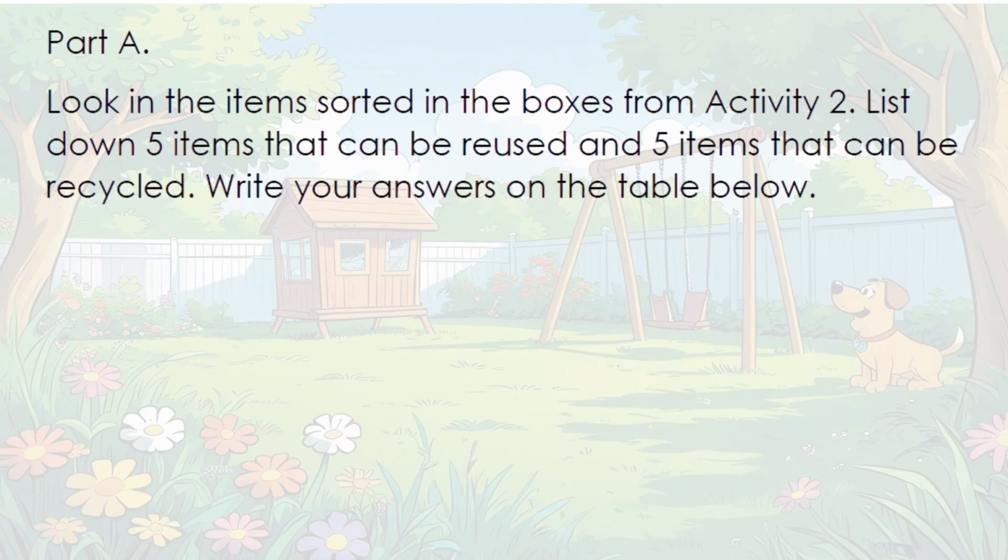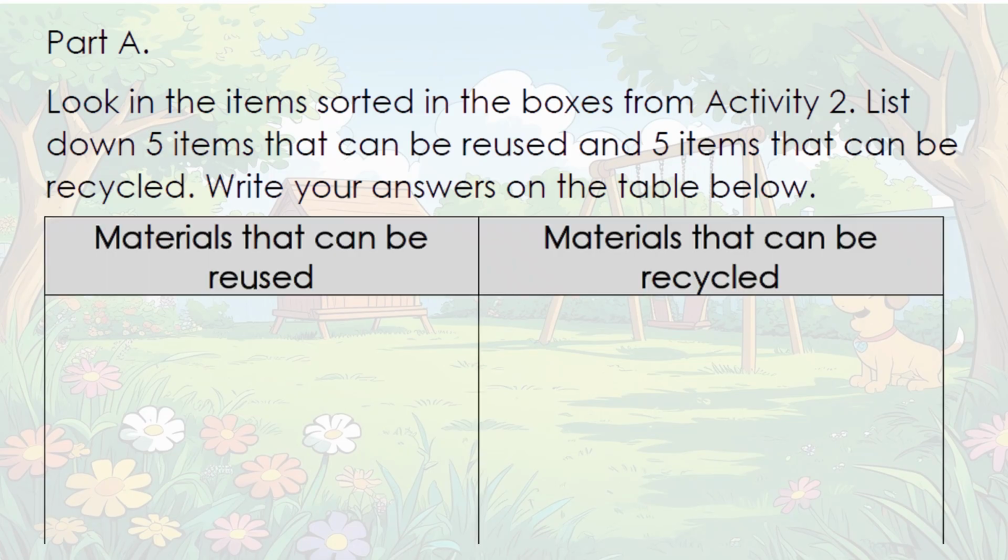Part A. Look at the items sorted in the boxes from activity number 2. List down 5 items that can be reused and 5 items that can be recycled. Write your answer in the table below: materials that can be reused and materials that can be recycled.